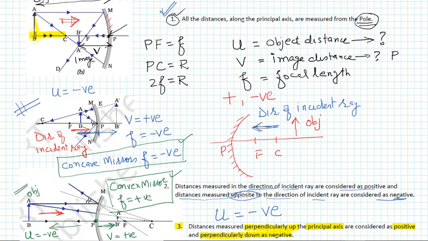The height of the object will be positive and the height of the image will be negative. Here the height of the object is positive and similarly the height of the image is also positive. Here also the height of both object as well as image is positive. So perpendicularly up the principal axis is positive and perpendicularly down the principal axis is negative.